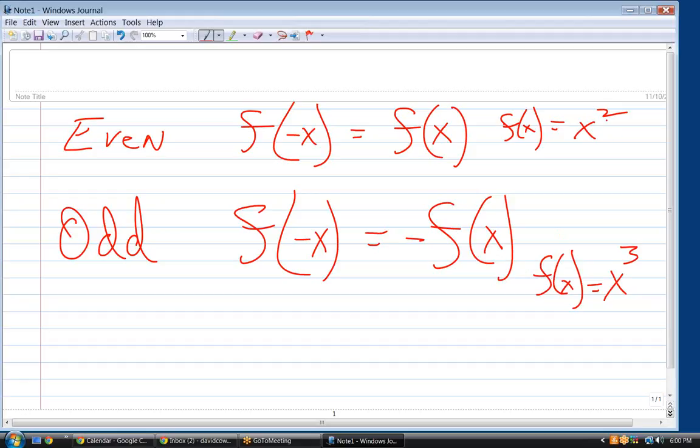Notice the even exponent and the odd exponent, just as a way of remembering them. Okay? Notice that even functions are symmetrical about the y-axis. Odd functions are symmetrical about the origin.